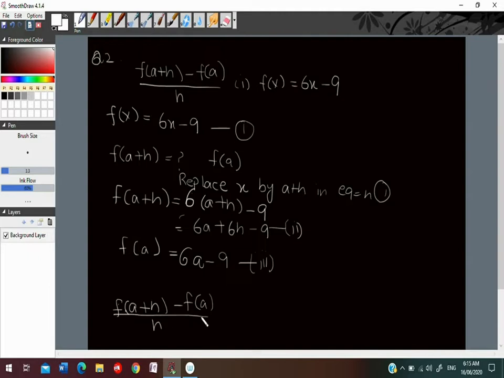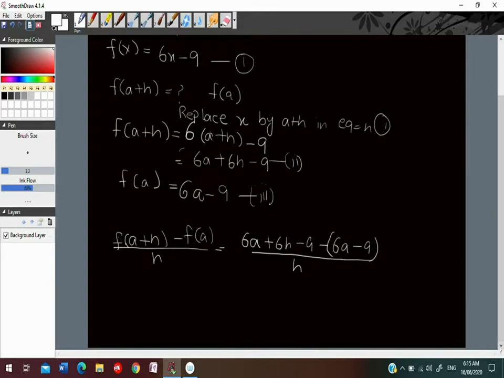When we put the values of these functions, this equation becomes 6a plus 6h minus 9 minus 6a minus 9 divided by h. And when we simplify the equation, 6a plus 6h minus 9 minus 6a plus 9 divided by h.